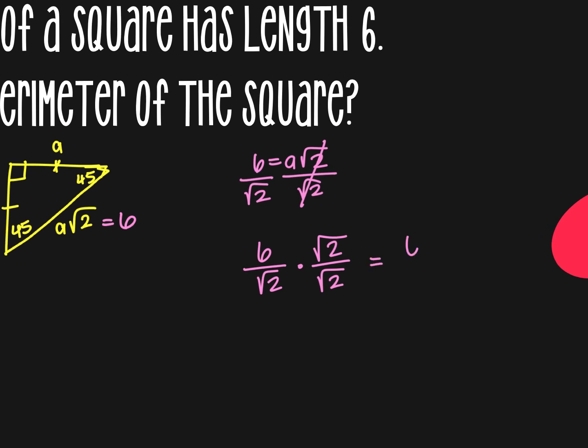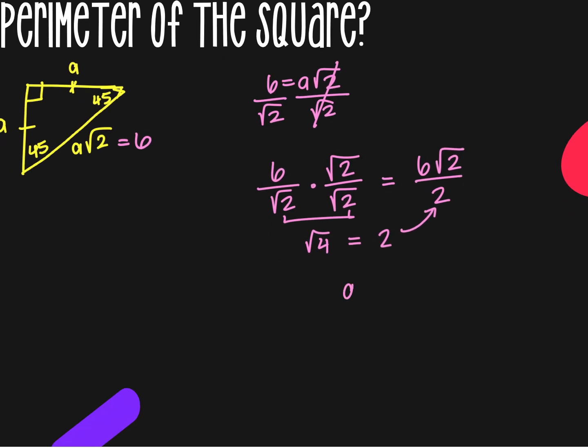I'm going to end up getting 6 radical 2 over 2. Okay, how are you getting that 2, some of you may ask. This is going to be the square root of 4, which simplifies to 2, which I put right here. All right, so that is what A equals. I solved for A. A equals 6 radical 2 over 2.